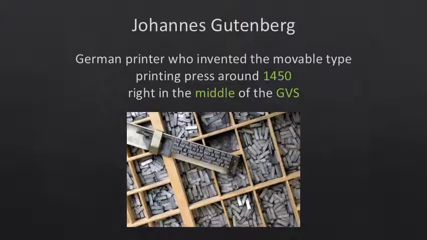That's Johannes Gutenberg, a German printer who invented, in the West at least, the movable type printing press right around 1450, round numbers. And here's the key. Remember how I said that when you have printing or mass communication, and yes, the printing press counts, that tends to slow and even sometimes stop the evolution or the constant changing of the way you write.